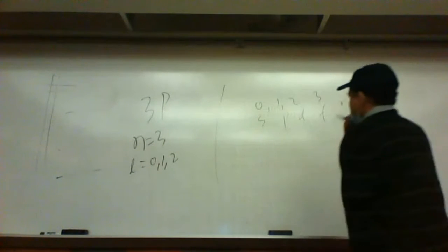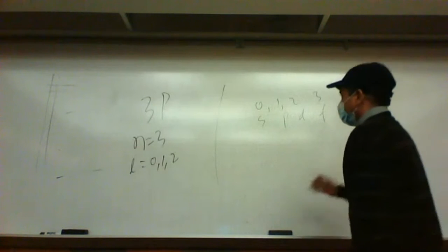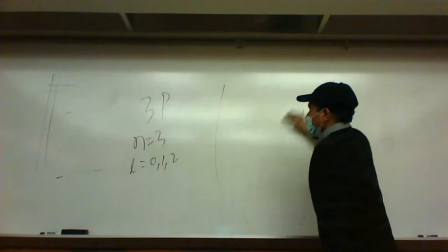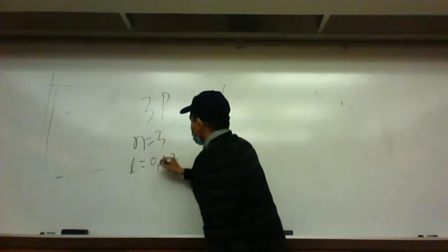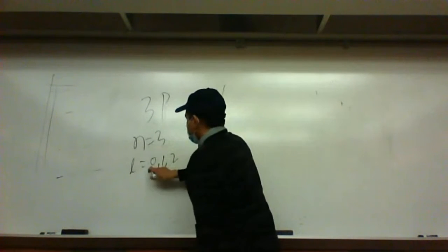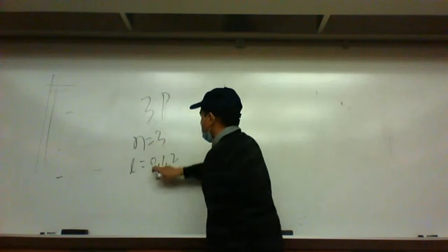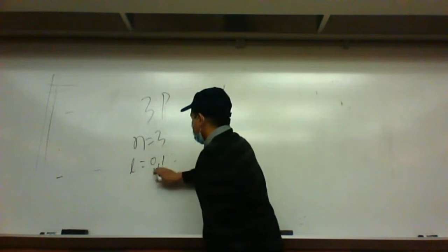Now 3p means n equals 3, and p means not 0, not 2, but 1.